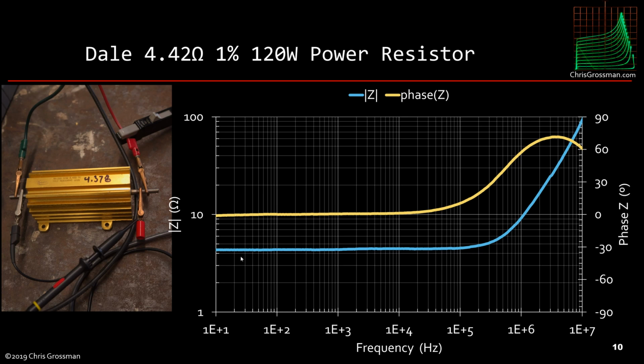And if we look at it over the audio range where I use it, well out to 100 kilohertz, it's flat. Especially, there's even no phase error, even at 20 kilohertz. So as a load for an audio power amplifier, it's a good test load.